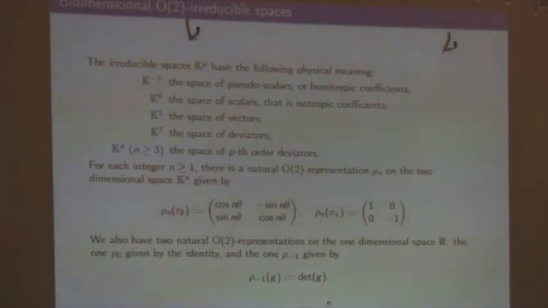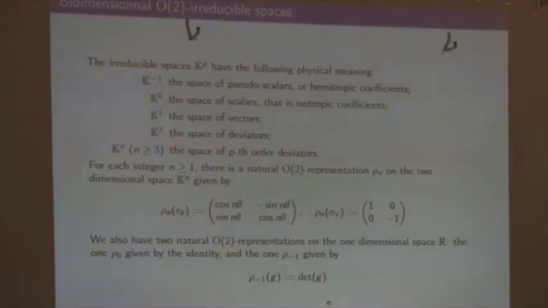But you can also define another one-dimensional representation called K-1, associated to the determinant of your transformation. In fact, it's a pseudo-scalar which will change sign.